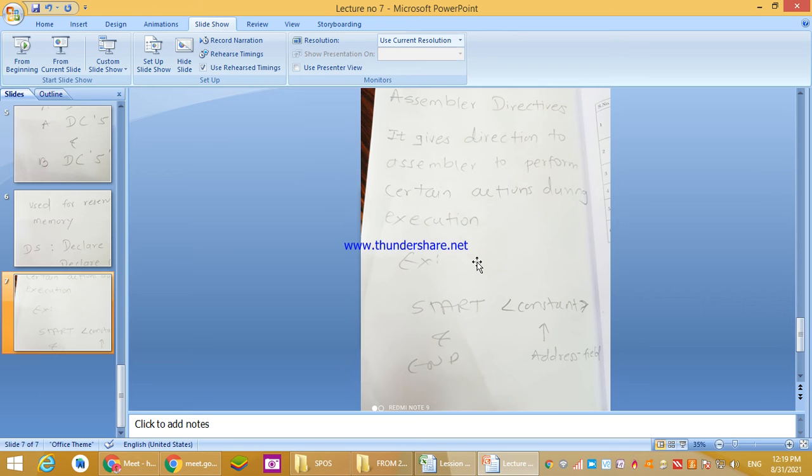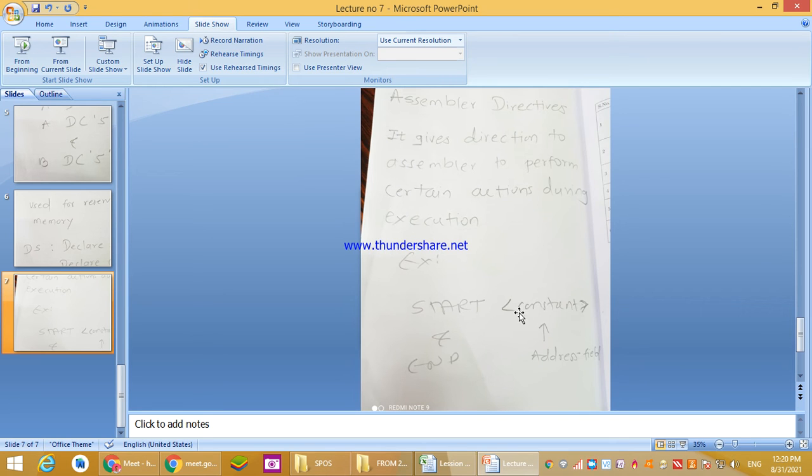At the time of execution, the assembler directive plays its role. For example, START is an assembler directive. When we define START, it gives direction to the assembler to perform certain action.